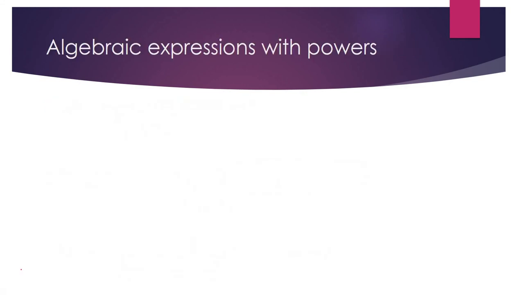Algebraic expressions with powers. Let's talk about the 3 words: power, base, and exponent. A power indicates the entire expression. So x to the n is a power. 3 squared is a power.